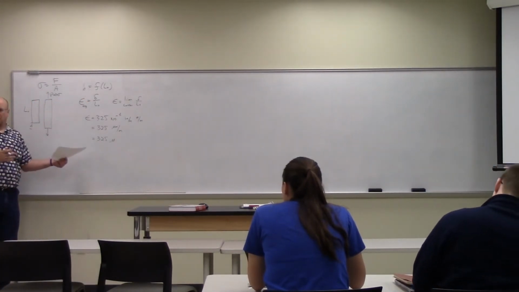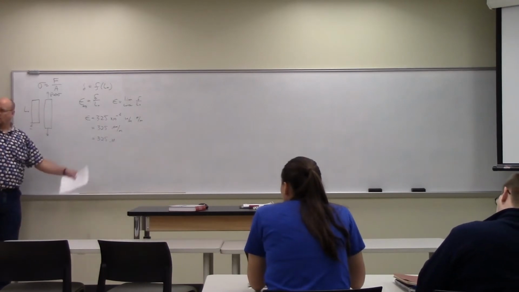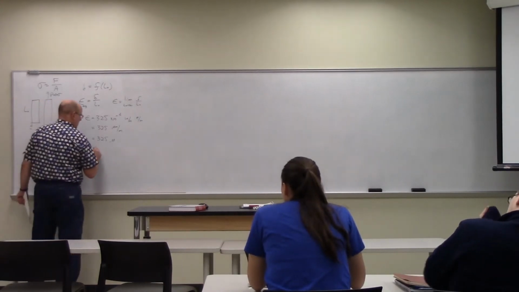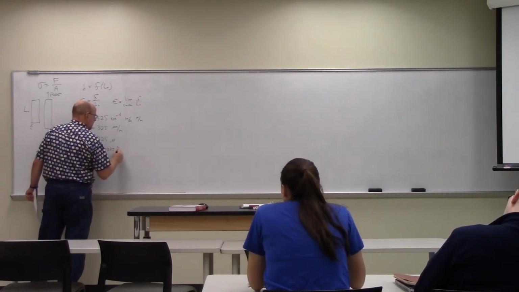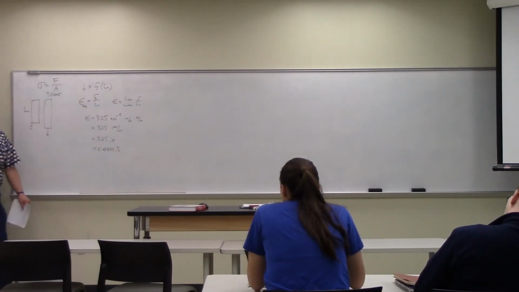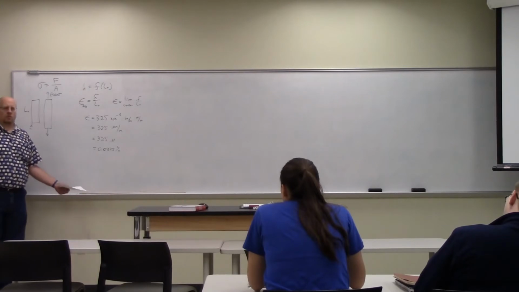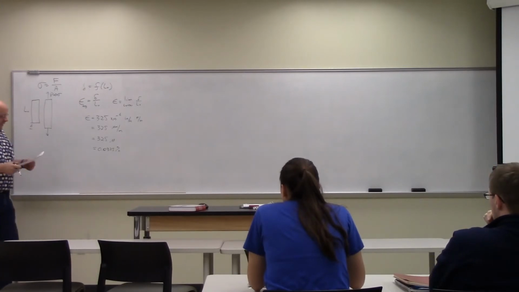So if you put the micro in there and drop the meters out. Or finally, you might see it listed as 0.0325%. So several different ways to represent the strain.